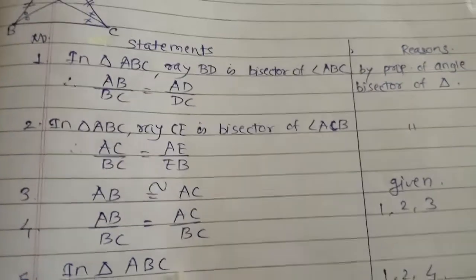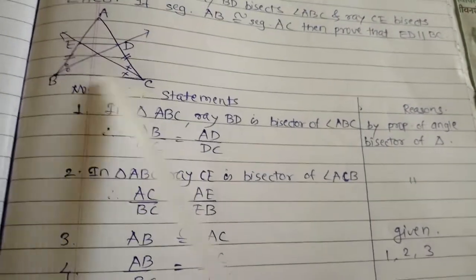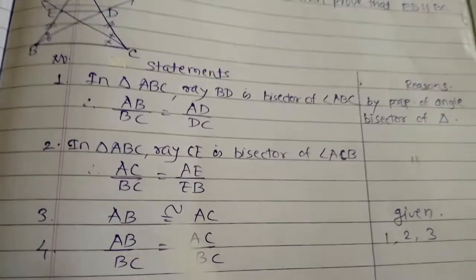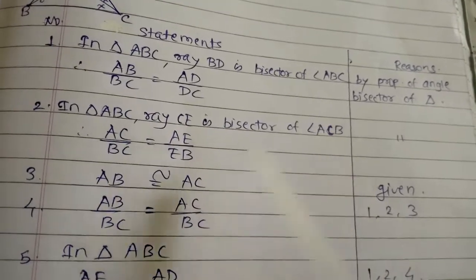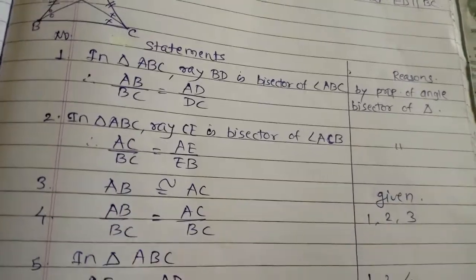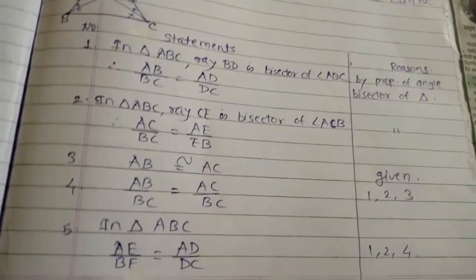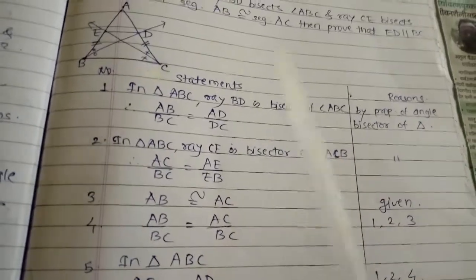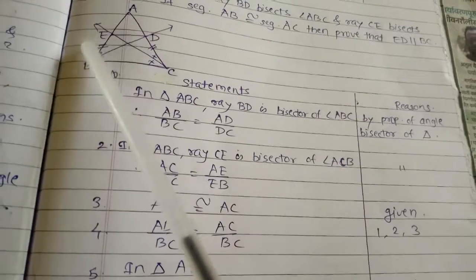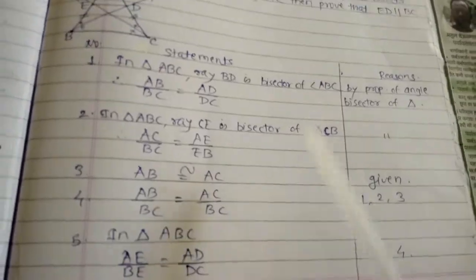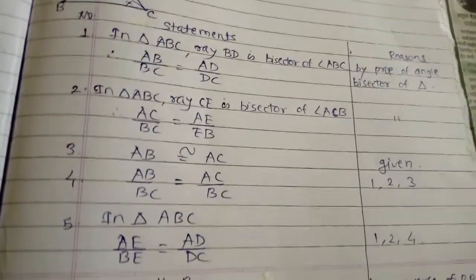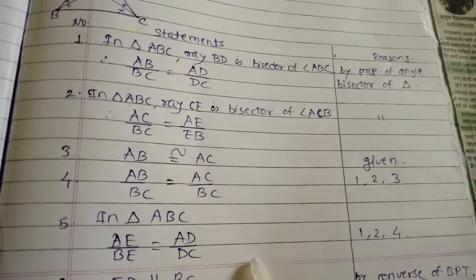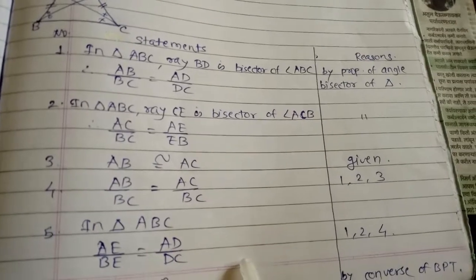Now in triangle ABC, see these ratios. First, in triangle ABC, AE upon BE is equal to AD upon DC. From statements number 1, 2 and 4 we conclude this.